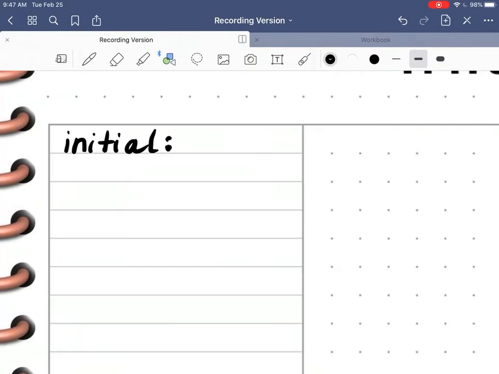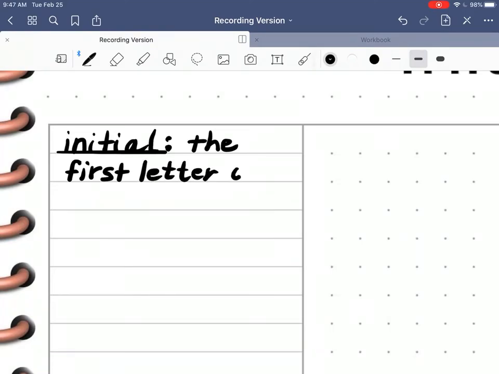I'm looking for my underline. An initial is the first letter of a person's, I'm going to use an apostrophe there because name belongs to person.